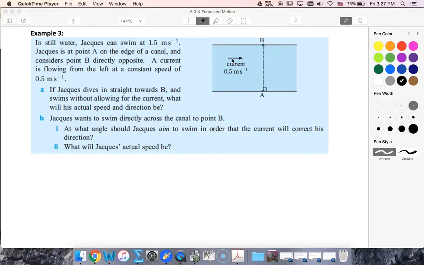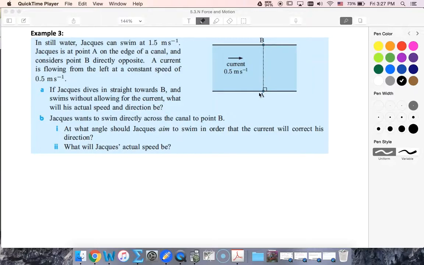So if Jacques tried to swim straight across, he would end up getting pushed by the current. So the question is, if he tried to swim straight forward, what would his actual speed and direction be?